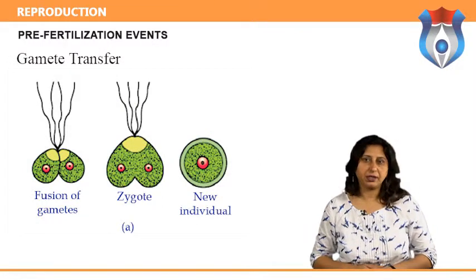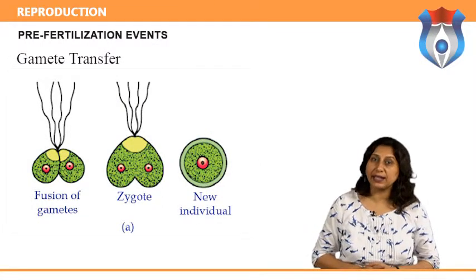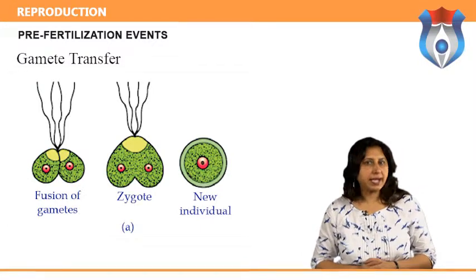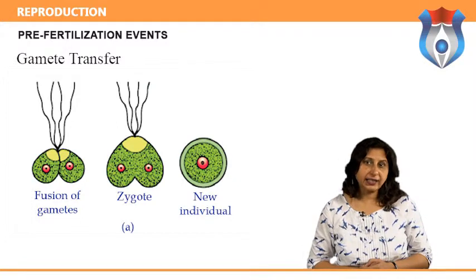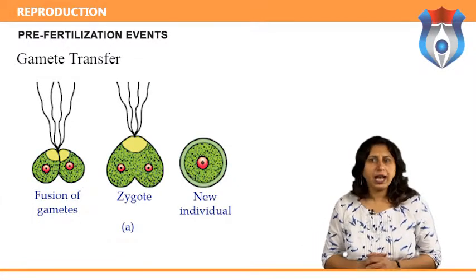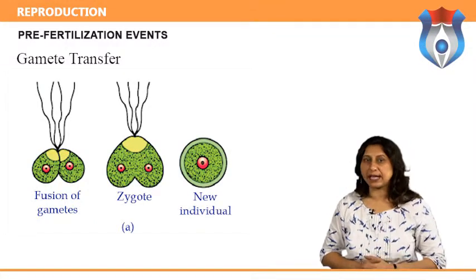Gamete transfer. In a majority of organisms, male gamete is motile and the female gamete is stationary. Exceptions are a few fungi and algae in which both types of gametes are motile. A large number of the male gametes, however, fail to reach the female gametes.